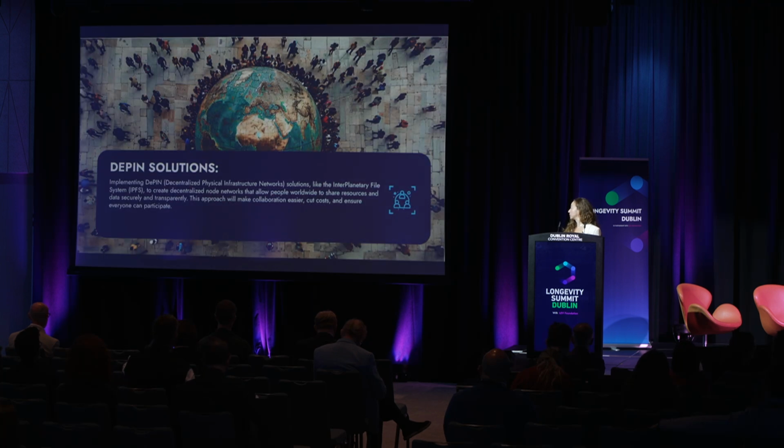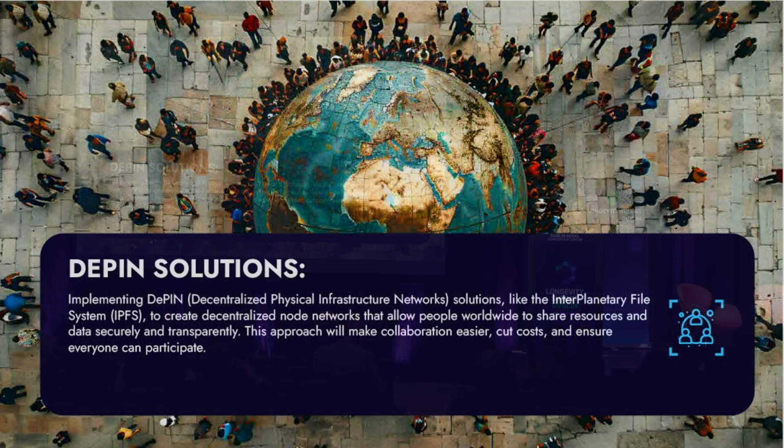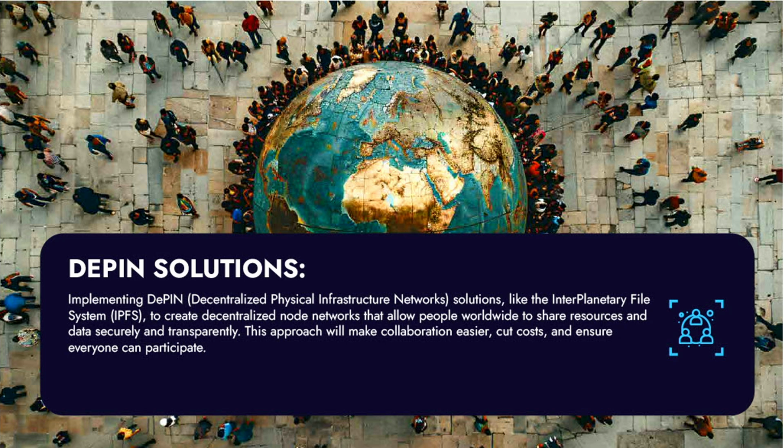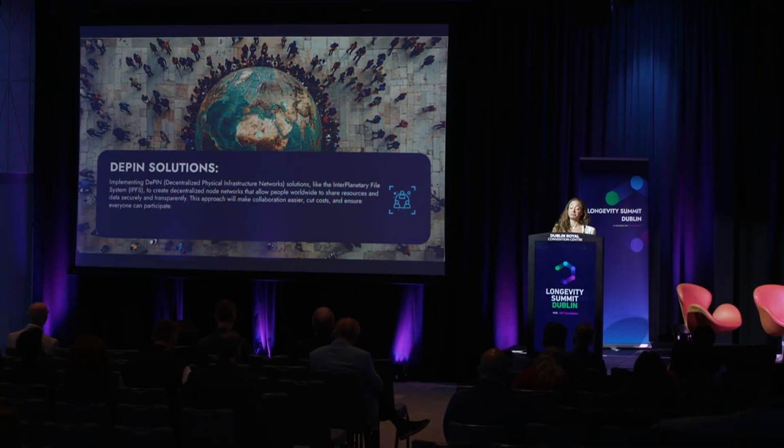Also, the most important part, which I think is implementing a DePIN, which is short for Decentralized Physical Infrastructure Networks, which is practically a way to manage tools like the internet, peer-to-peer.